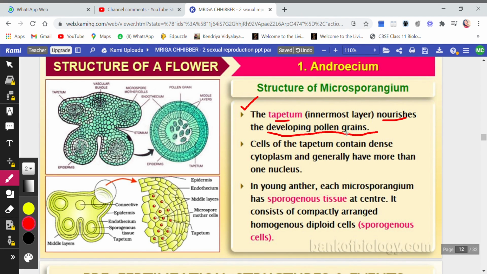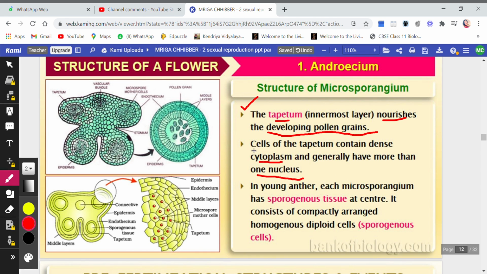Pollen grains require nourishment, so they take it from the cells of the tapetum. Cells of the tapetum contain dense cytoplasm and generally have more than one nucleus.